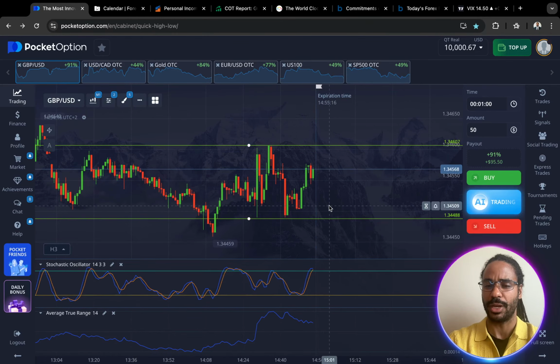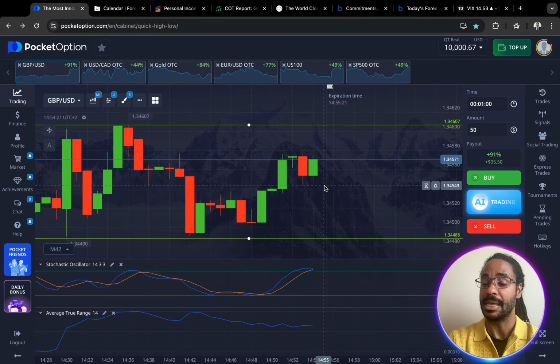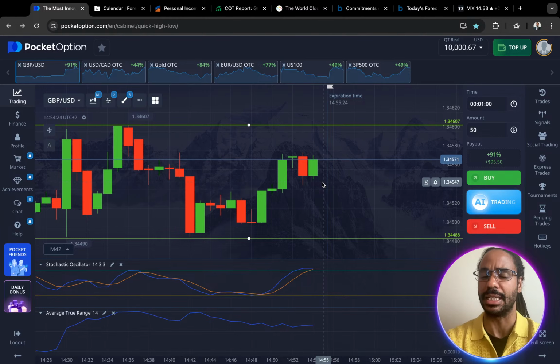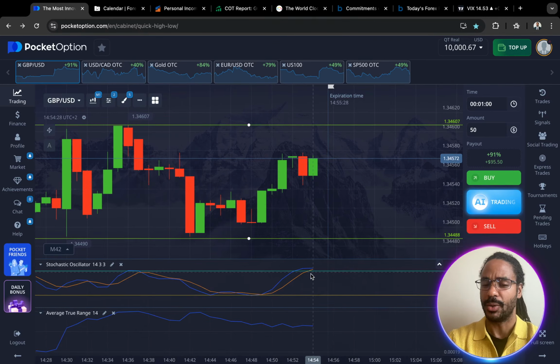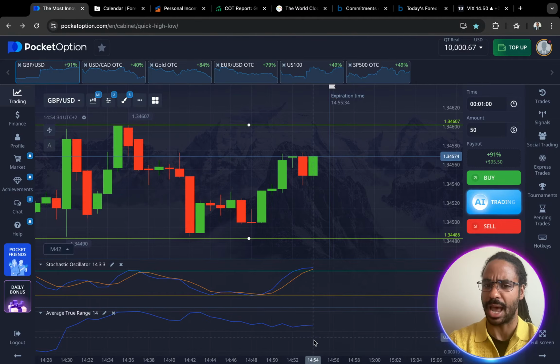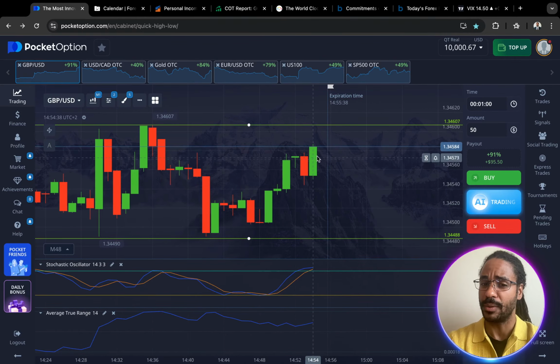So a very nice trade for you would be having a sell order right below the previous slightly bigger time frame, which is the 1 minute. You have your sell order here. Look at the stochastic, it's turning as well. The average true range has room to the downside. However, the current candle is bullish.